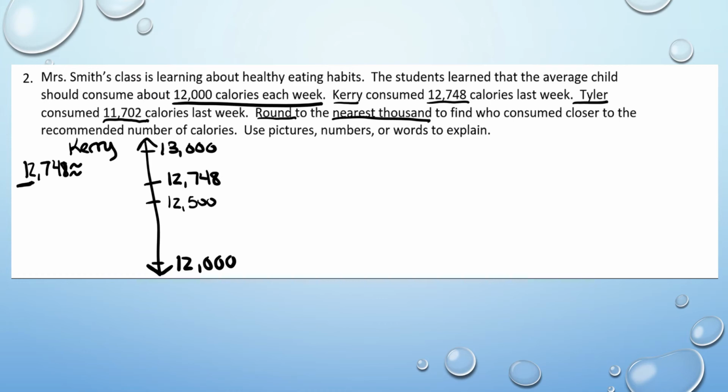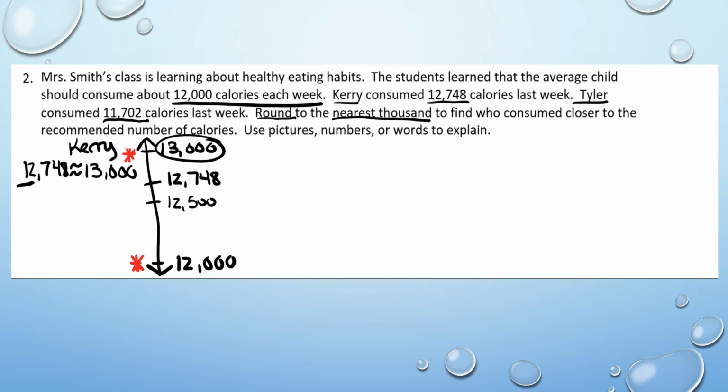I can look at 12,748 and decide which benchmark it's closest to, the bottom benchmark or the top benchmark. I know it's closest to the top benchmark, so it will round to 13,000.